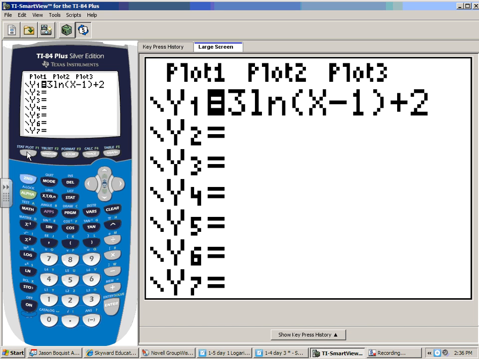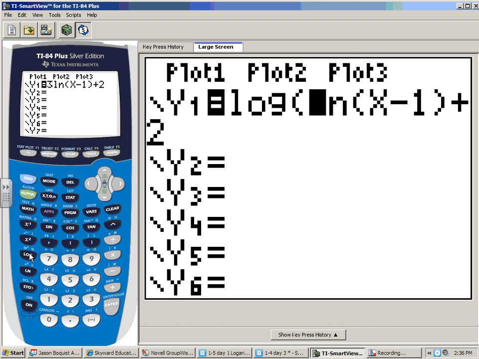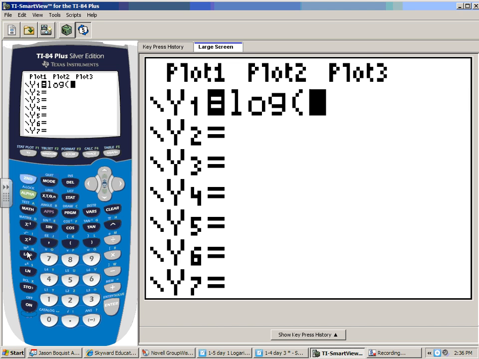So how are we going to type this other one in? Well, we kind of were told. Do you hit natural log, though, for this next one? No, you hit the, what's it called again? Better than that. Come on. Well, I better clear this screen. Common log of 1 minus x.